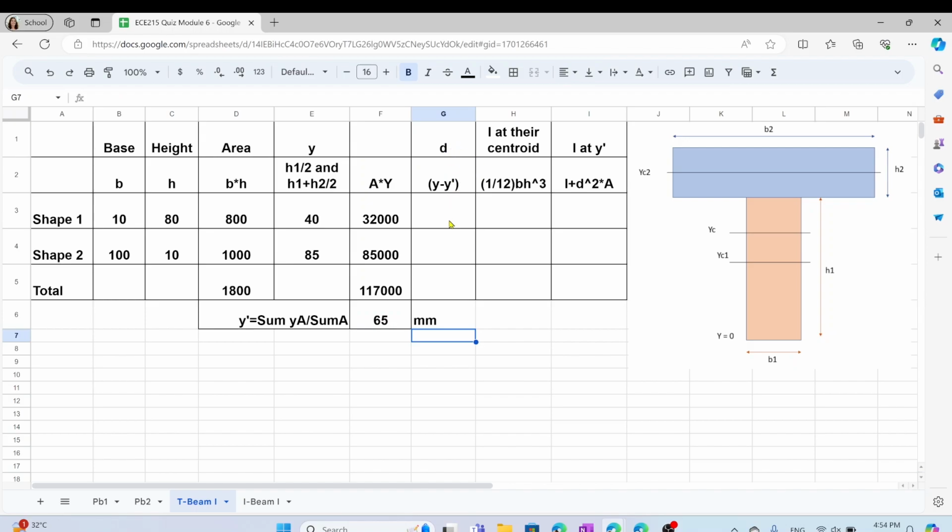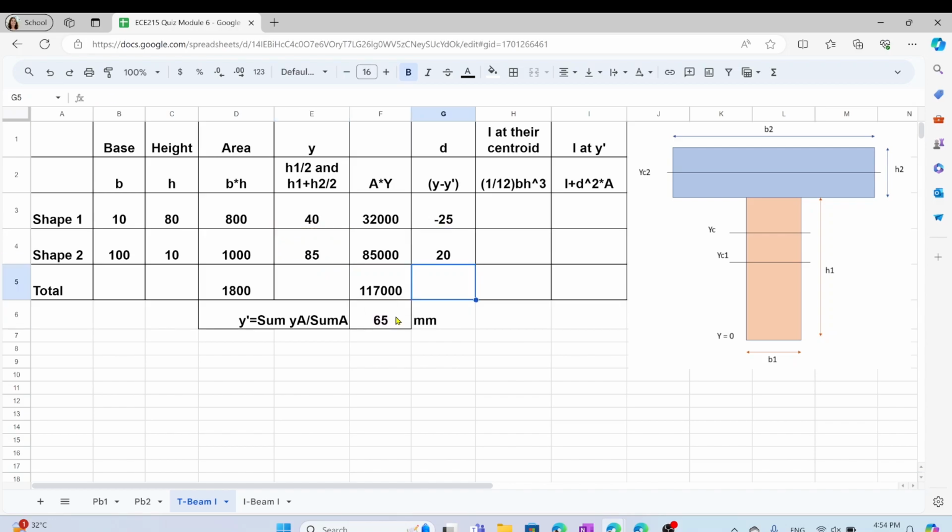Distance. Now I need the distance between the y of each centroid of each element minus the y of the composite element. So that will be the y minus this one. Enter. And that will be this y minus this one.